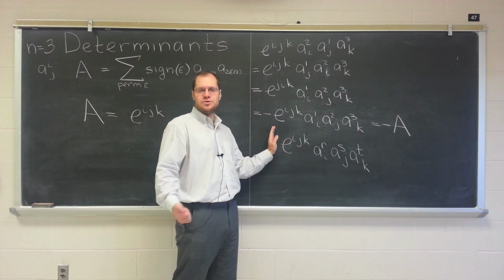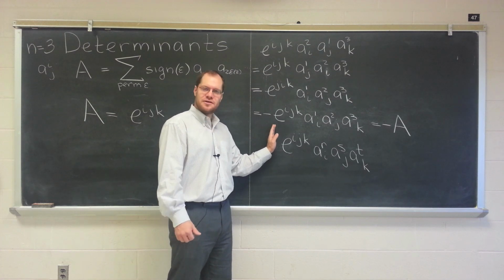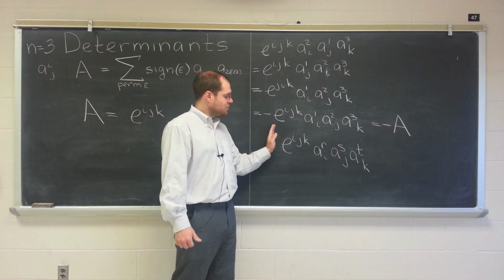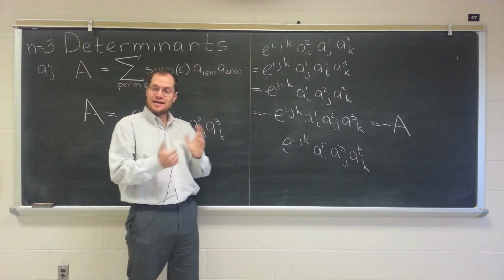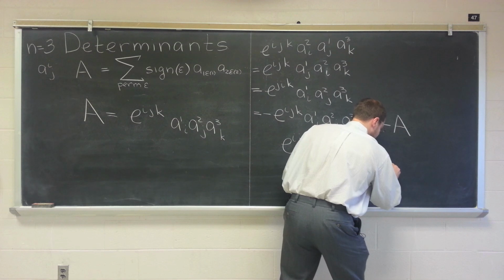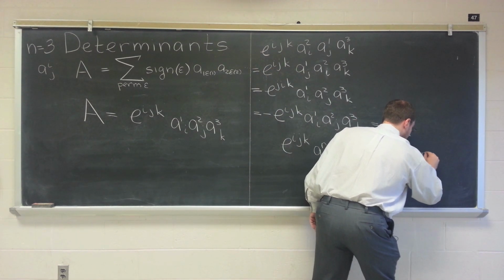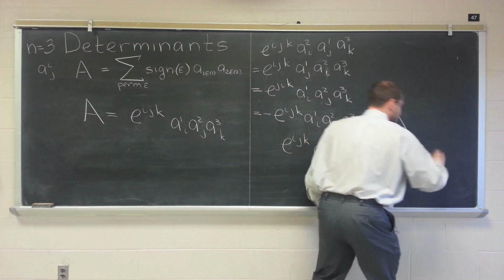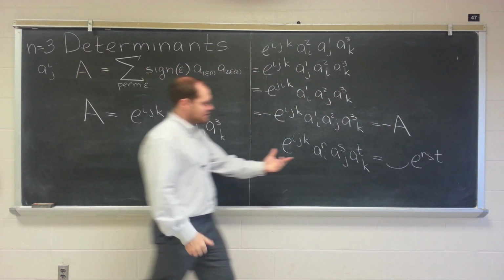And if it's fully skew-symmetric in R, S, and T, it has a single degree of freedom, which is its value when R equals 1, S equals 2, and T equals 3. Any fully skew-symmetric system can be written as some constant times E R S T. And what is this value?